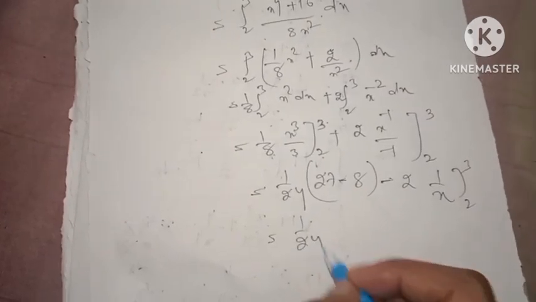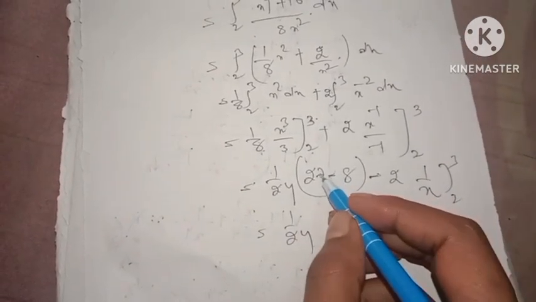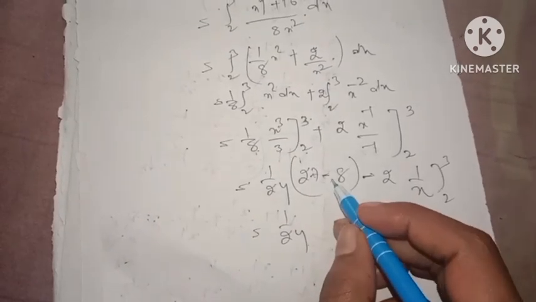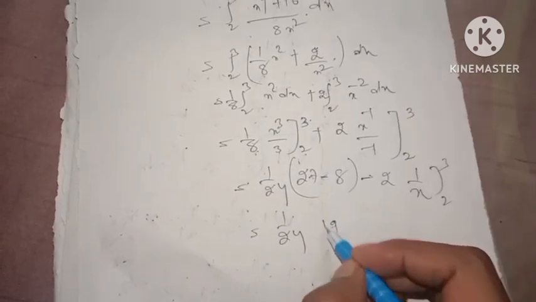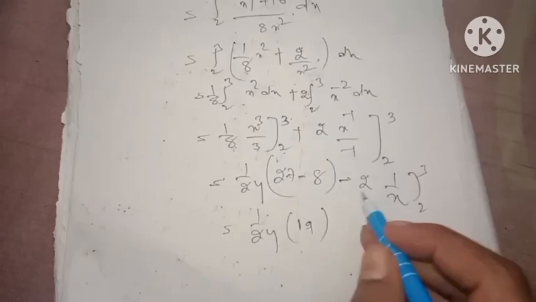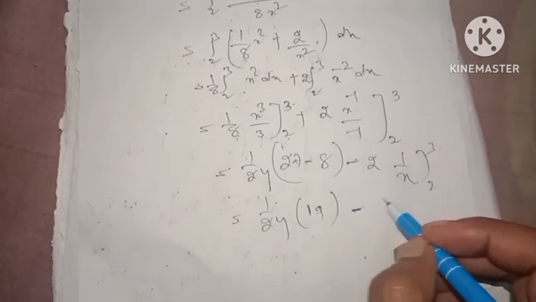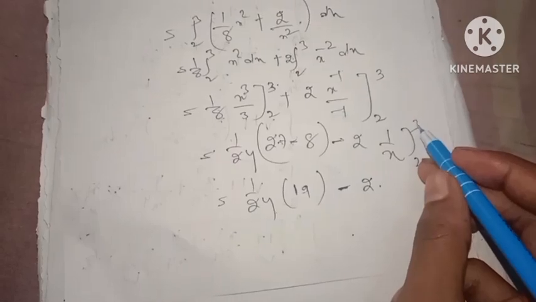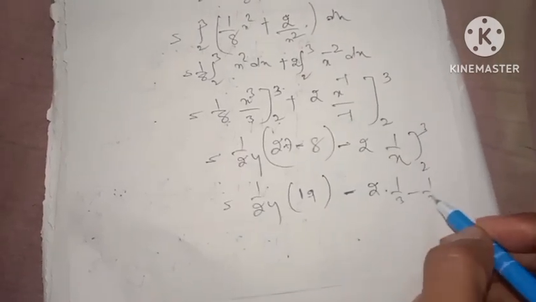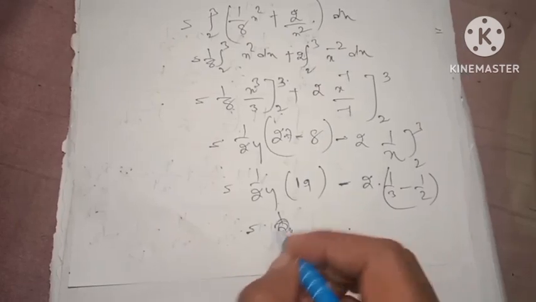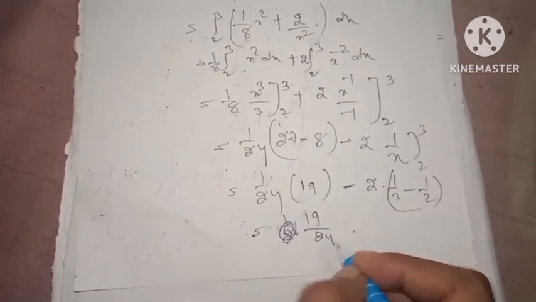This is 1 by 24, 27 minus 8 equals 19. Minus, this is 2 into, if you put 1 by 3 minus 1 by 2, this result equals 19 by 24.